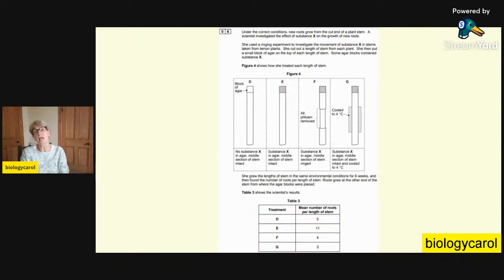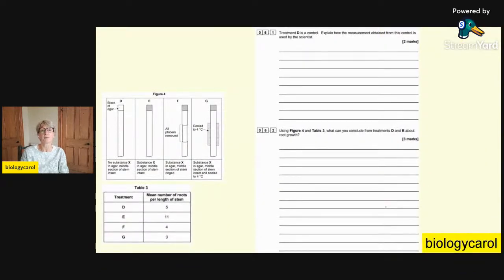G, the agar contains substance X and part of the phloem is cooled right down to 4 degrees C. She grew the stems in the same environmental conditions for 6 weeks and then found the number of roots per length of stem. Roots grew out of the other end of the stem from where the agar blocks were placed, so they grow down the bottom here. And here is the mean number of roots per length of stem.